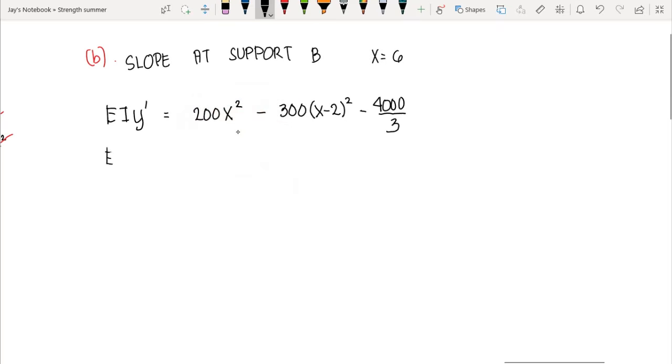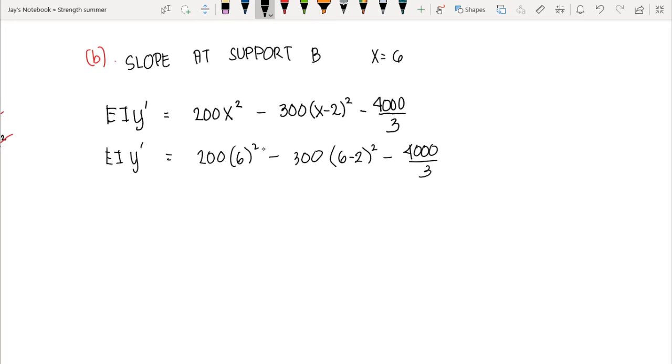Then we have EI y prime is equal to 200 times 6 squared minus 300 times 6 minus 2 squared minus 4,000 over 3. We have our y prime here in terms of flexural rigidity, which is equal to 1066.667.